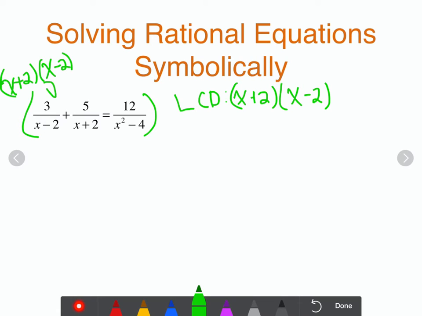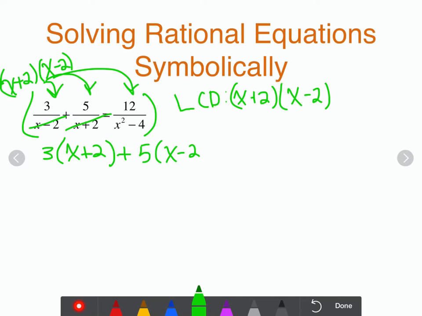When I distribute to the whole equation, the x minus 2 cancels, and I'm left with 3 times x plus 2. In the second term, the x plus 2 cancels, and I'm left with 5 times x minus 2. Equal sign comes down, x squared minus 4 cancels, and I'm left with 12.